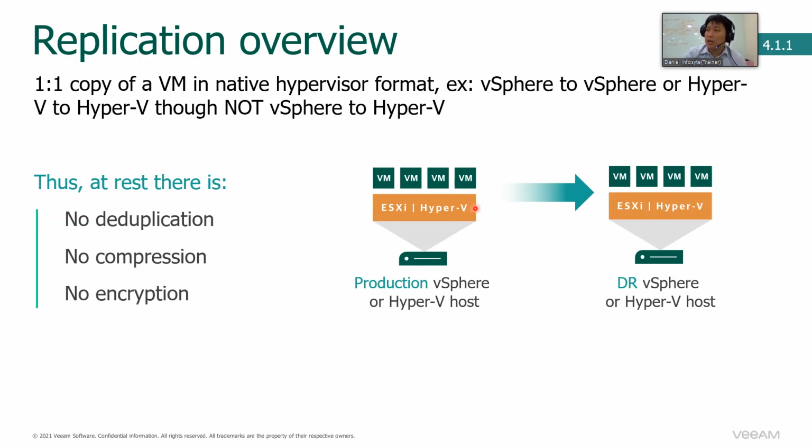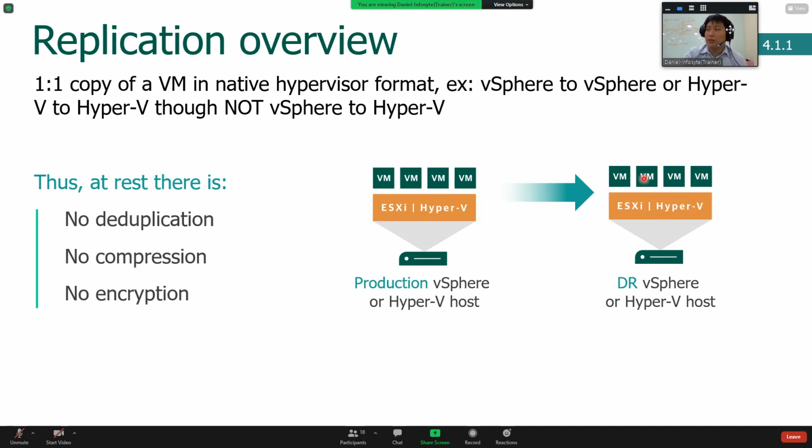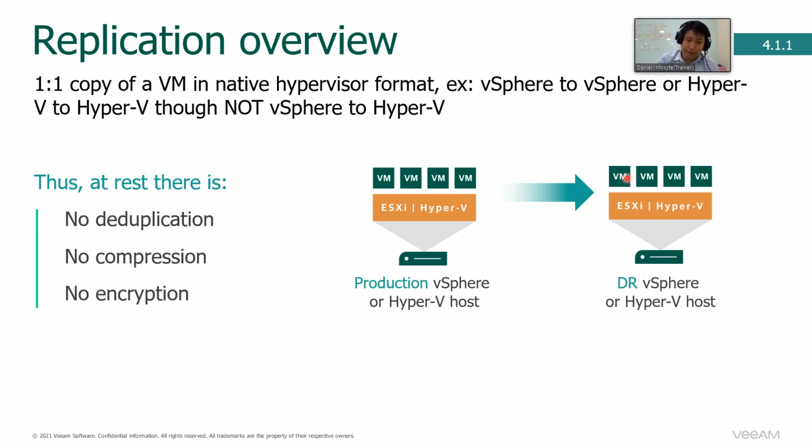I am duplicating this same VM to have another copy running in a different set of ESXi usually. From the DR point of view, this VM is sitting in the ESXi inside one of the datastores. You can even manually power on the VM if you want to. It's an exact virtual machine copy.